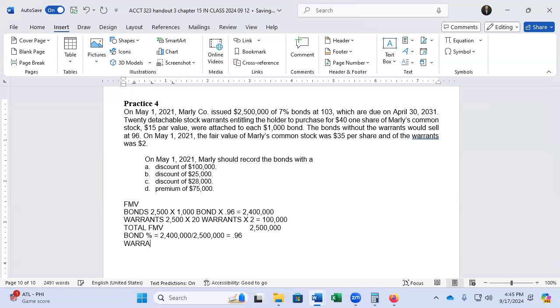And then you have 100,000 divided by 2.5 million, 0.04.